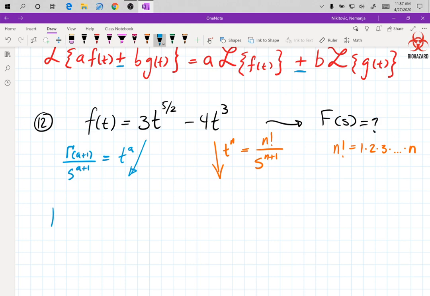So the gamma function of x is defined as the integral from 0 to infinity of e to the negative t times t to the x minus 1 dt. And when you integrate this out, it will give you the function in terms of x.